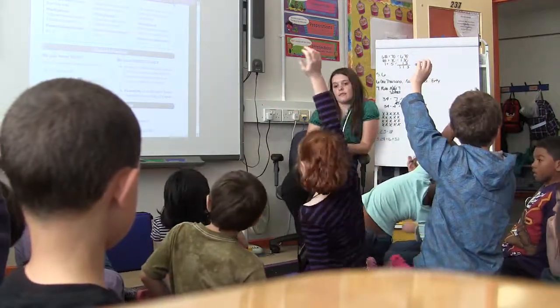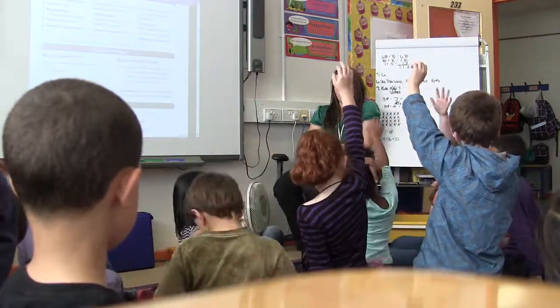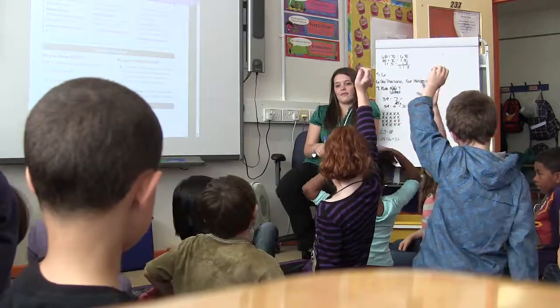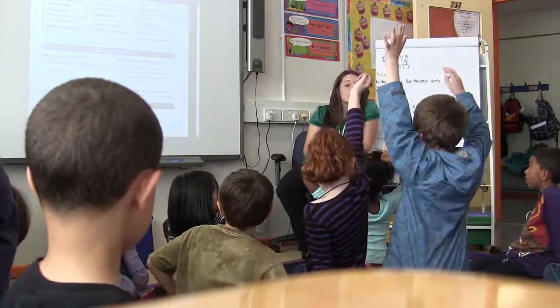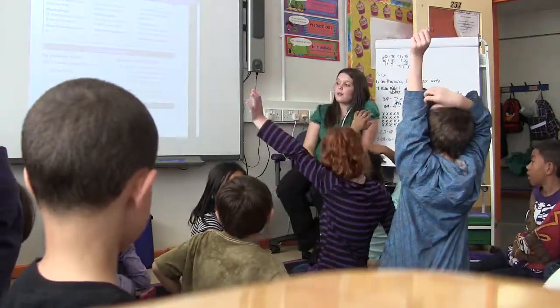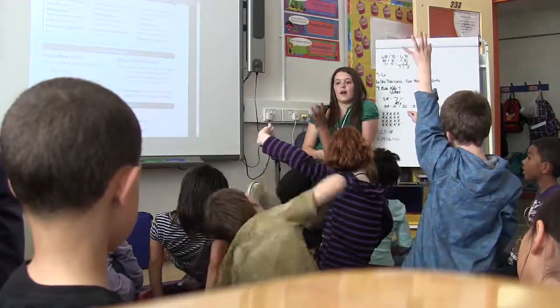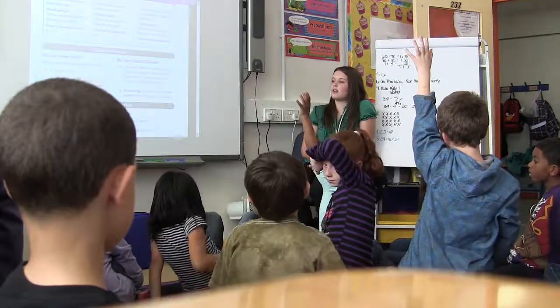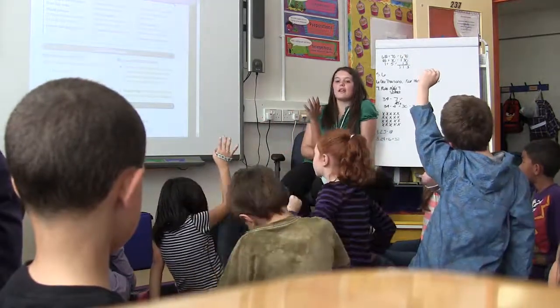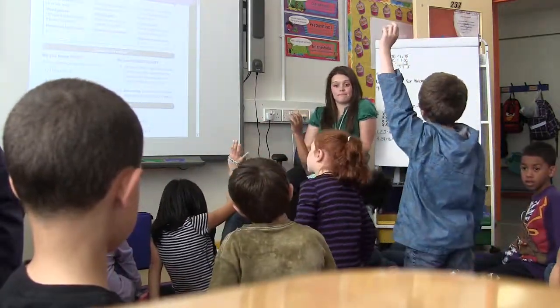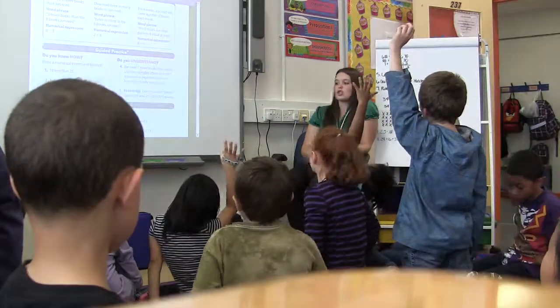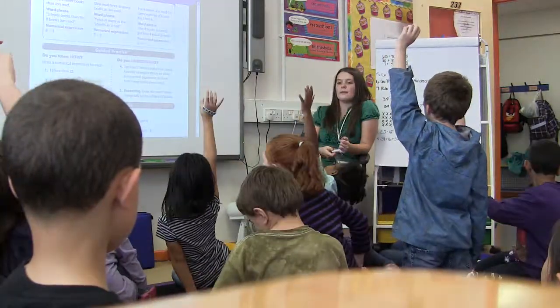Yeah, that's what we're doing. I want you to figure out what the numerical expression would be of number 8. No, I don't want the answer. The numerical expression. Thank you for reading the directions, though.